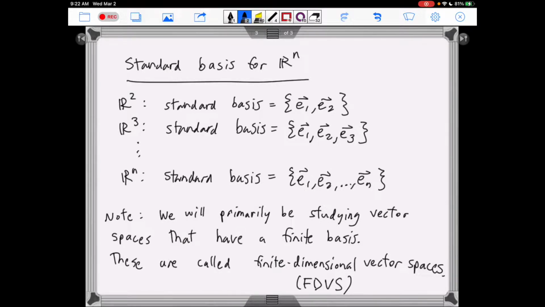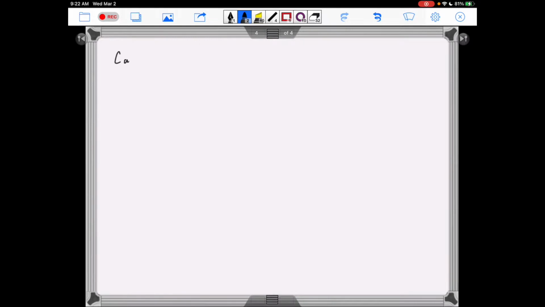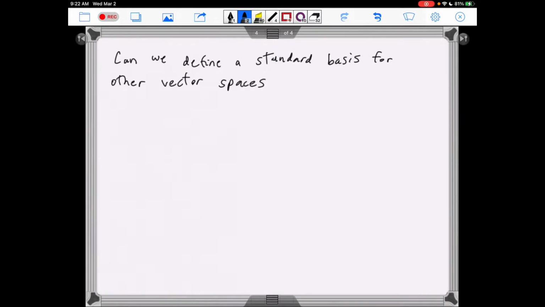Okay, so let's keep going here. Can we define a standard basis for other vector spaces? In other words, for vector spaces that are not Rn. The answer is yes.